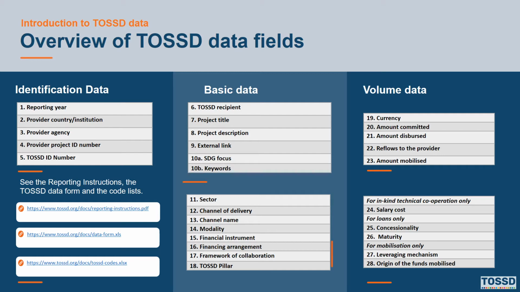And the volume data, that includes the currency, the account, the amount committed, the amount disbursed, mobilized. Plus we have some other kind of special data that is about, for example, salary cost, concessionality, maturity, and so on. This is still volume data.